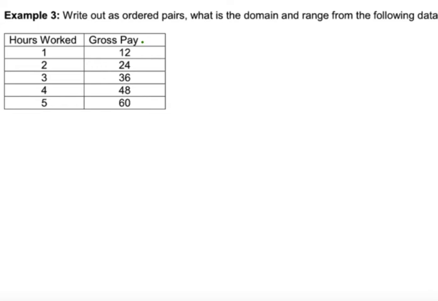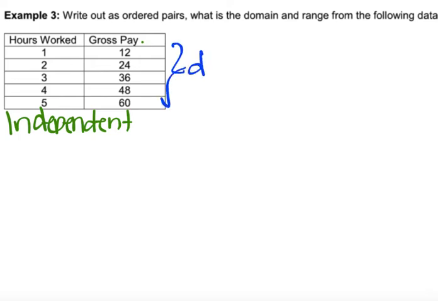We just talked about the fact that time is always your independent variable. So this here is my independent variable, and this set right here is my dependent, because the amount of money I make depends on how many hours I've worked.